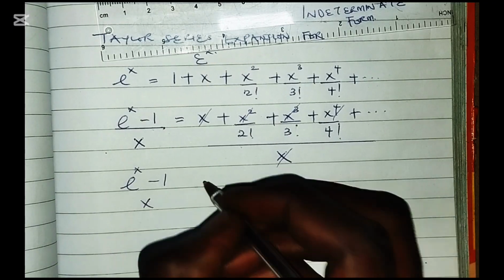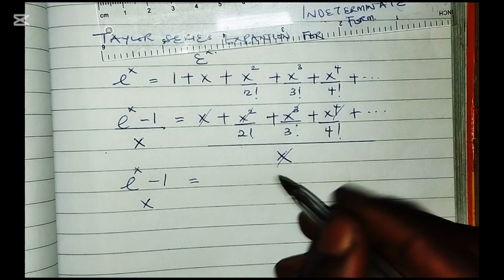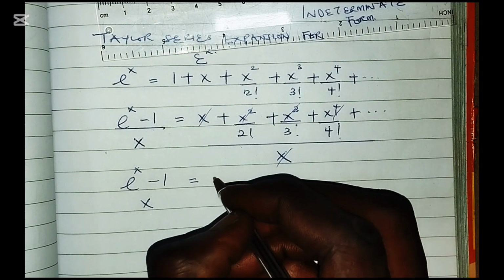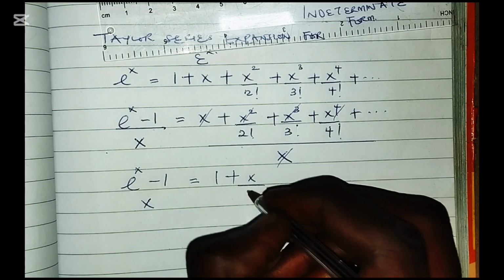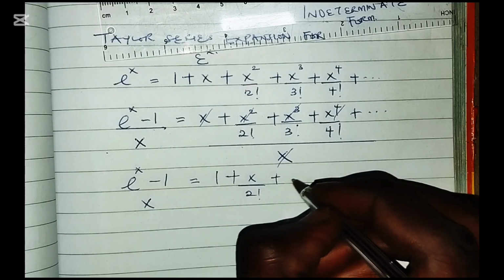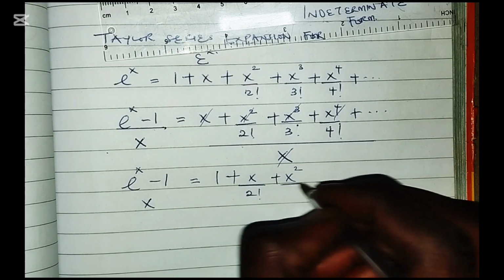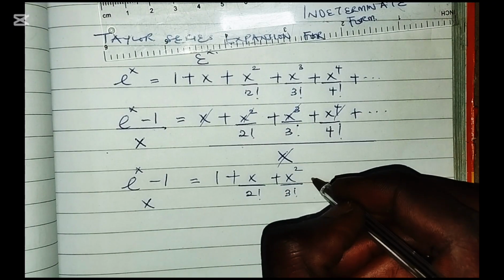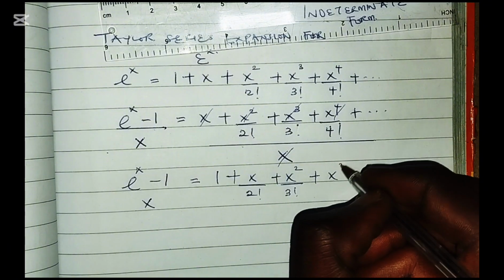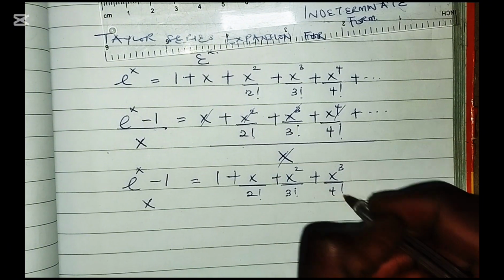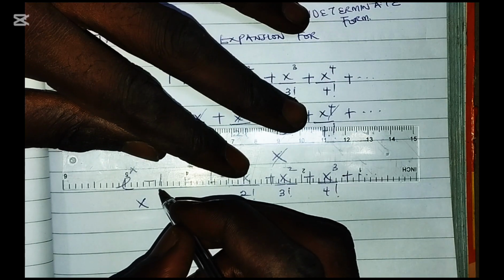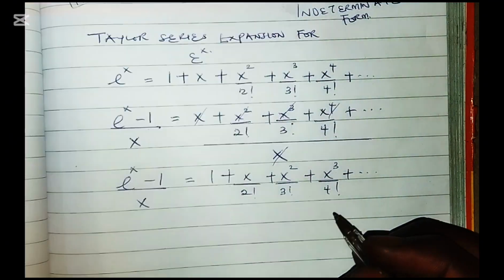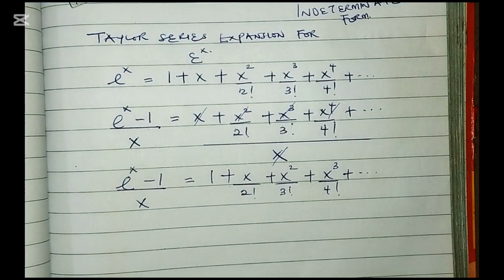So e to the power of x minus 1, all over x, is equal to 1 plus x over 2 factorial plus x squared over 3 factorial plus x cubed over 4 factorial plus dot dot dot. This is what I have in return, so I can apply the limit to both sides.